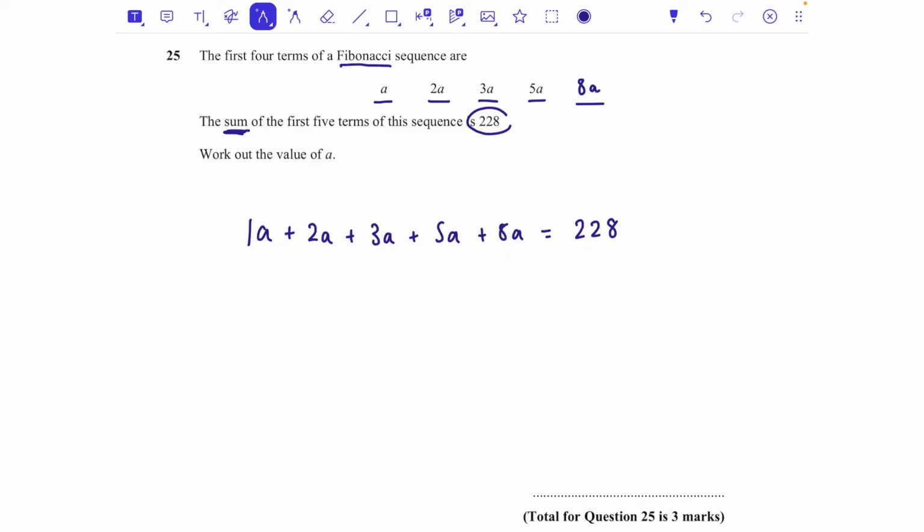If we're collecting like terms there, that makes 19A, and that equals 228. I'm then just going to divide both sides by 19 to find out what the value of A is. So 228 divided by 19 is 12. So A is 12 for 3 marks.